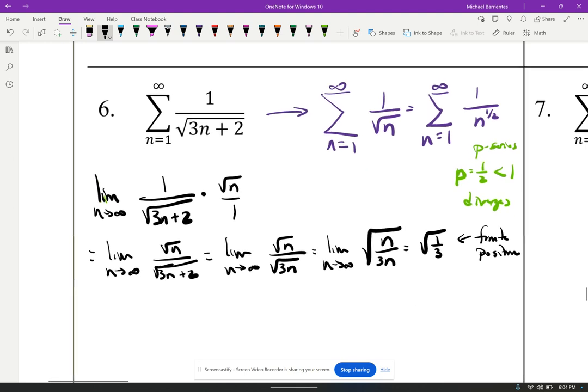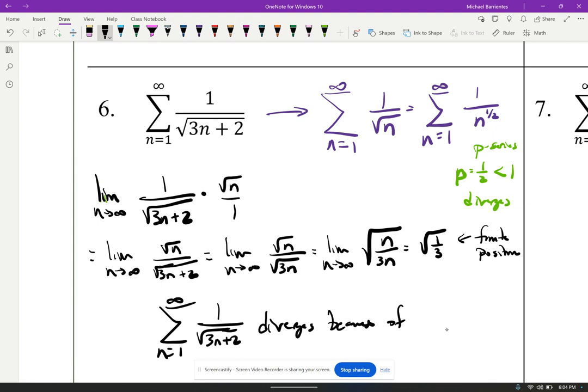So therefore, the two series behave the same way. Well, my new series that I compared it to diverges, so therefore this has to diverge as well. Diverges because of the limit comparison test.